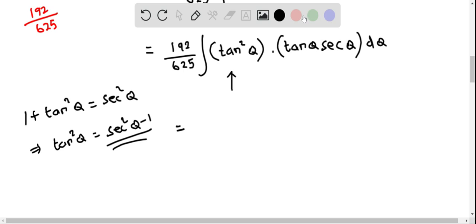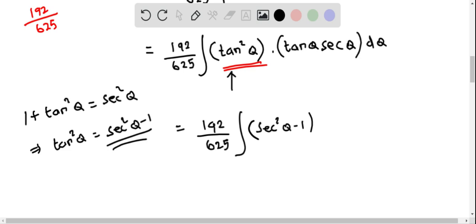This means we can replace this tangent squared q as secant squared q minus 1. So let me do that. So therefore this becomes 192 over 625 integral of secant squared q minus 1 times this expression, tangent q secant q dq.